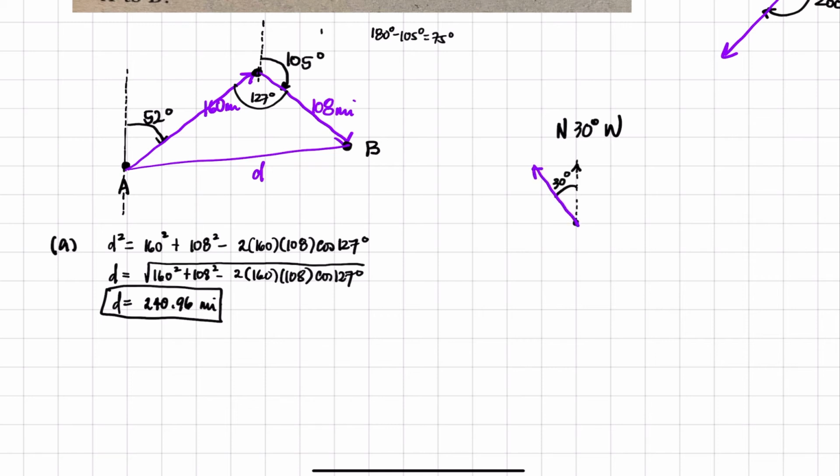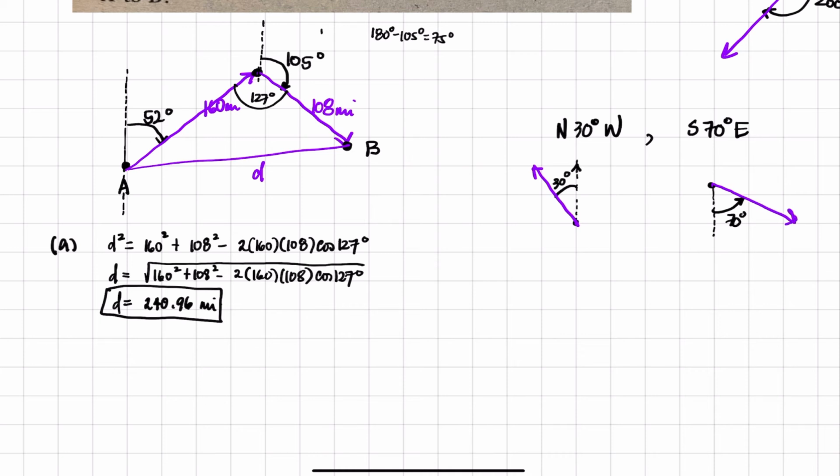Okay? Paano kung ganito naman? Let's say, south, 70 degrees east. So, ito yung starting mo. Pupunta ka muna ng south. Tapos, 70 degrees east. Sa kanan yung east. So, ito yung direction mo. So, yung violet, yun yung direction mo. Okay?